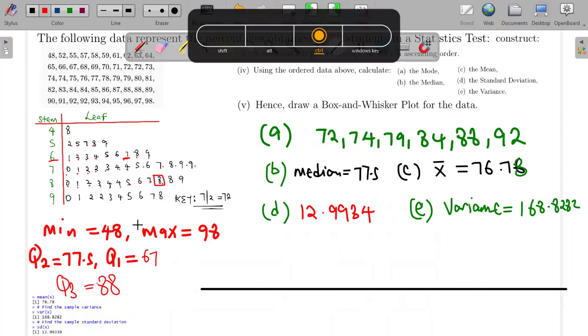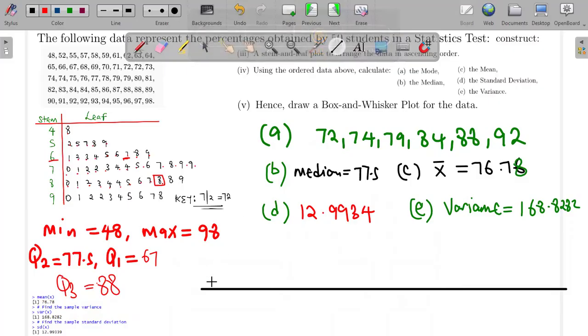Just plot them in order. So we can say this here is my 40, 50, 60, 70, 80, 90, 100.